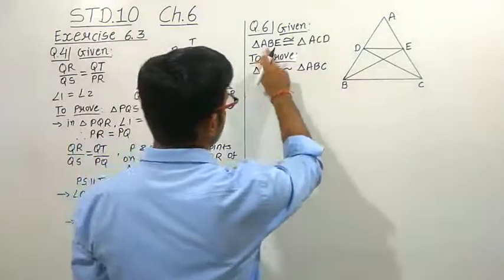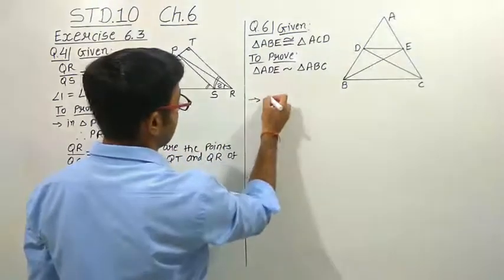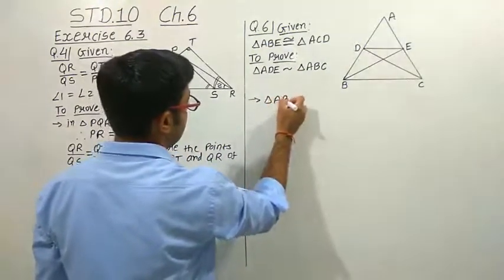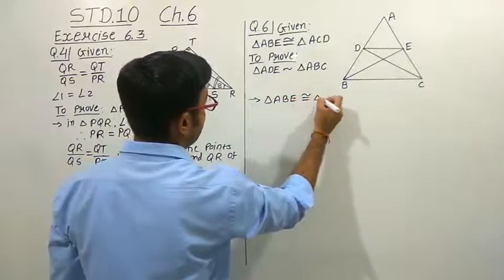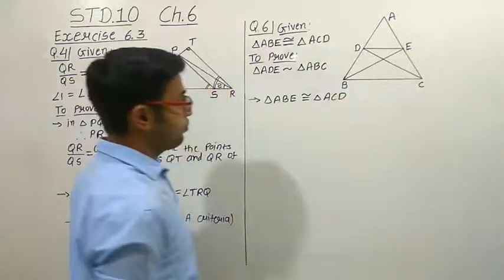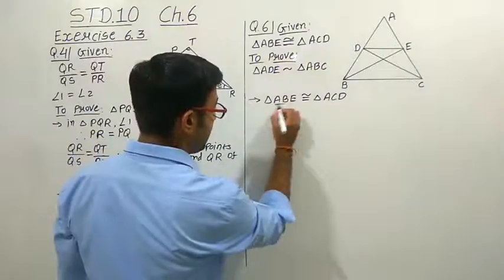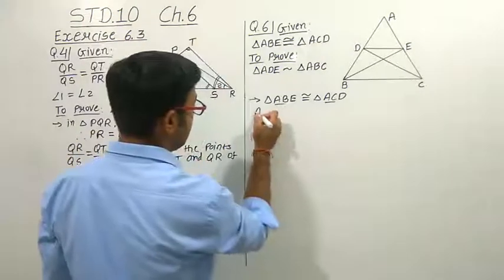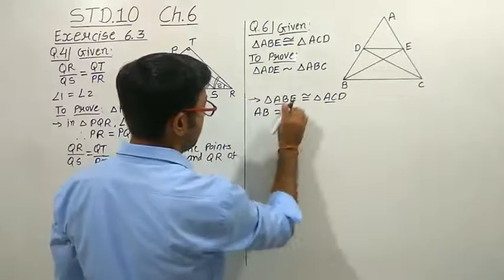We are given that triangle ABE is congruent to triangle ACD. So let's start from that. Triangle ABE is congruent to triangle ACD. Now we know that if two triangles are congruent, their corresponding parts are equal. So AB side will be equal to AC side. AB is equal to AC, right?